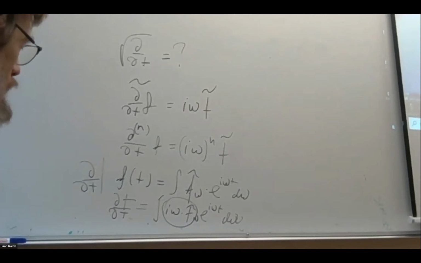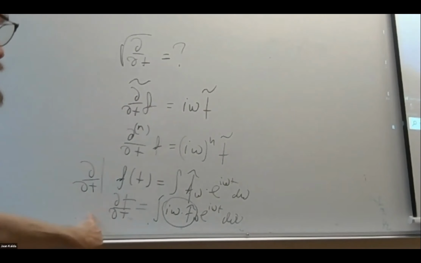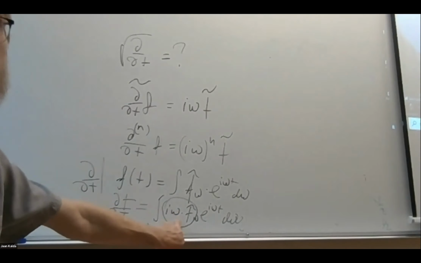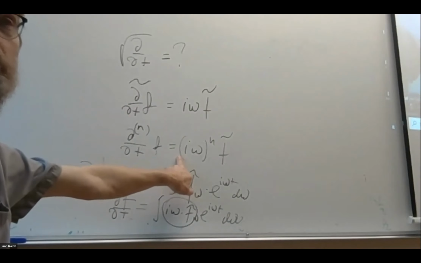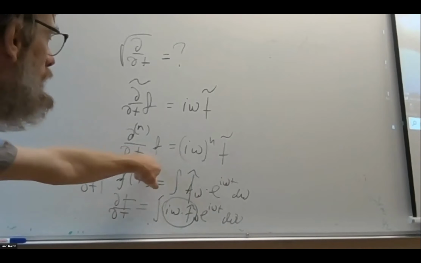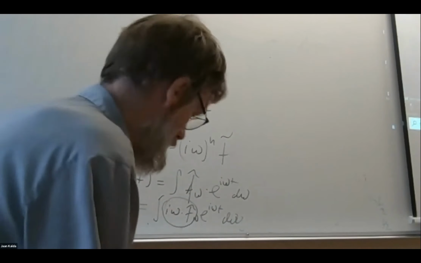All right, so this now becomes clear, and now it's also clear that you can take whichever number of derivatives you want. Each time you take one, you get a factor of i omega. So it goes like this. It's actually quite easy.